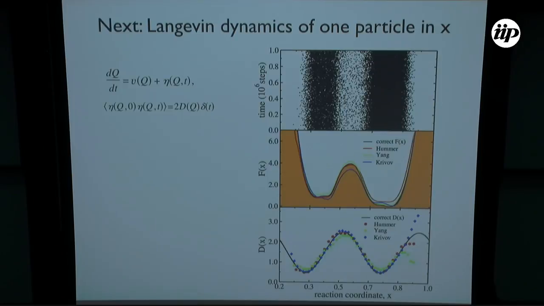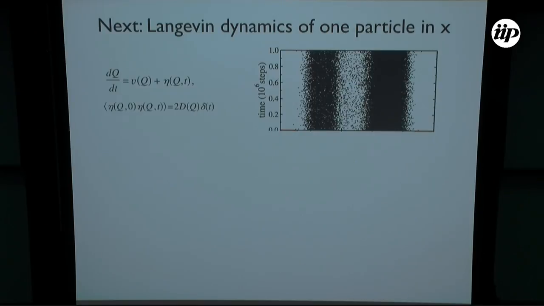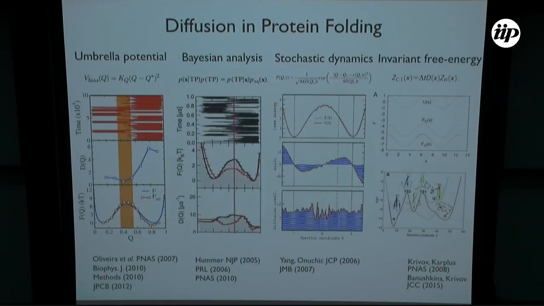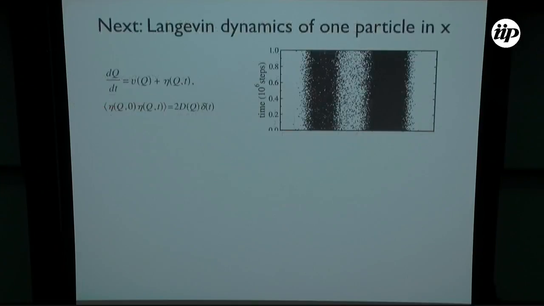As you can see here, the inputs are the black lines. We input this in the equation, and then we try to see which parameters we need to use. What are the parameters for the Bayesian analysis, the stochastic dynamics, or the invariant free energy methods from these groups?